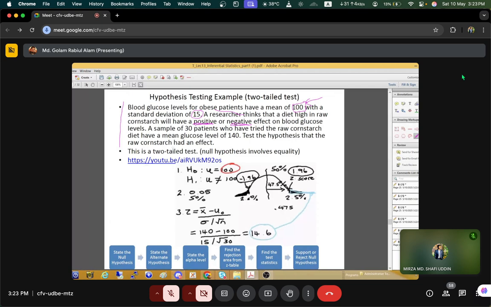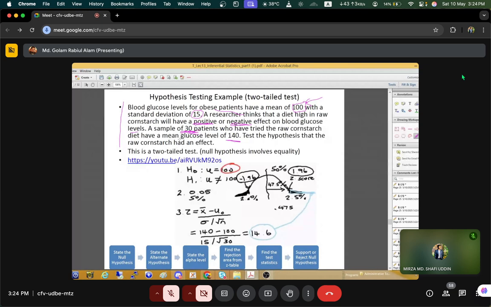To test this hypothesis, a sample of 30 patients who tried the raw cornstarch diet were taken for the experiment, and we observe that the mean glucose level was 140.